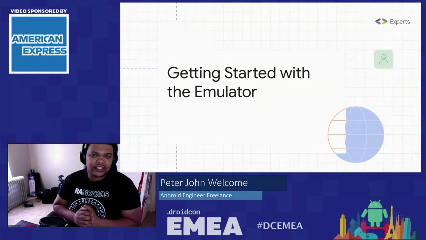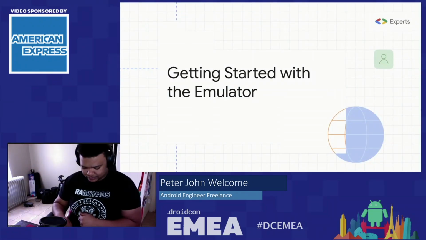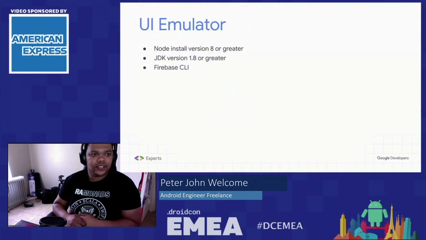Okay, cool. So let's get started with the UI emulator. In order for us to use the UI emulator, we need to have Node installed. You need Node version 8 or greater. I think if you're downloading the latest Node version, it might even be version 10. I think the latest version of Node at the moment is 14.